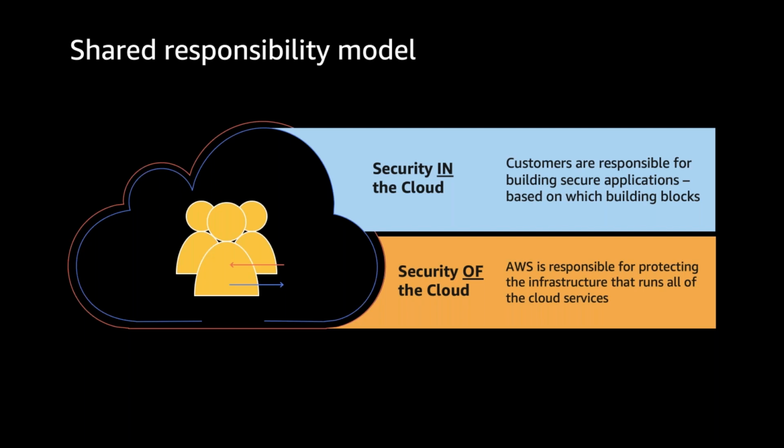Absolutely, totally agree. And I think this is the basics of the cloud. This slide would have made sense 10 years ago when only EC2 was out there and there was no containers, there was no serverless. It still makes sense.